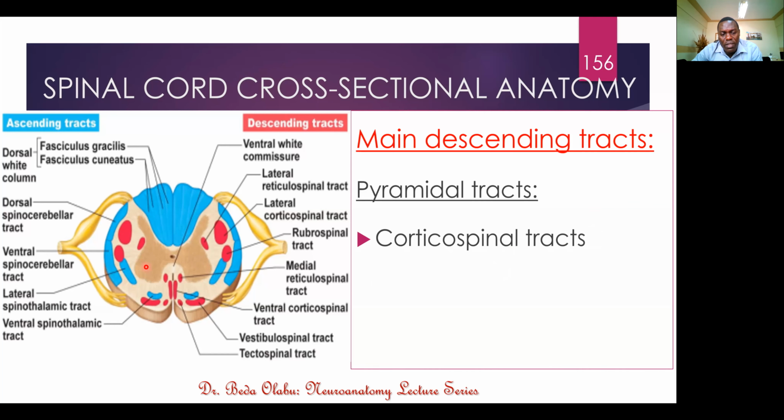This is a minor one. 85 to 90% are here. 10 to 15% are here. Let's just focus on that one because that's the main one. So that is where they occupy. Remember, that is what we call the lateral column. These neurons supply skeletal muscles.